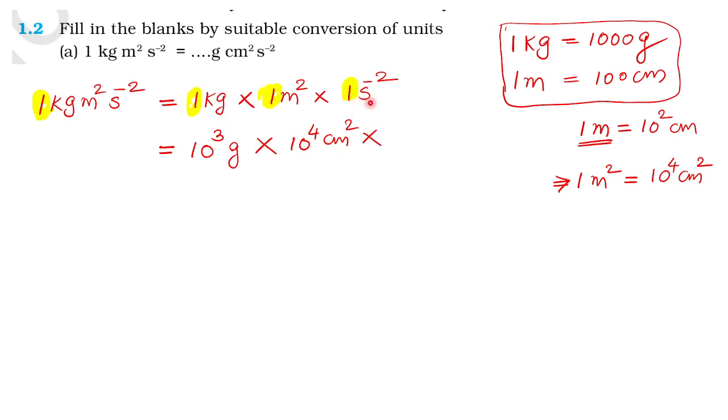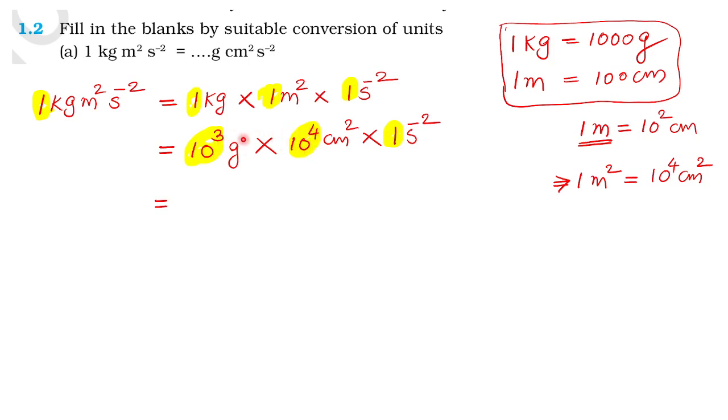This one I don't want to convert, because s raised to minus 2 is present on both the left side and the right side. So the third term I don't want to make any modification. The numbers can be multiplied separately: 10 raised to 3 into 10 raised to 4.